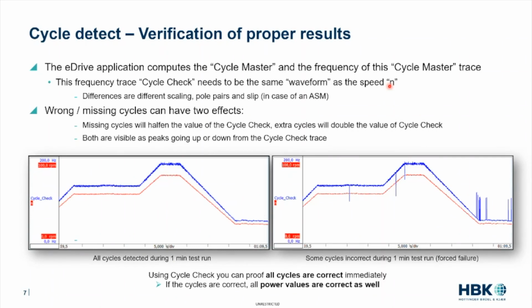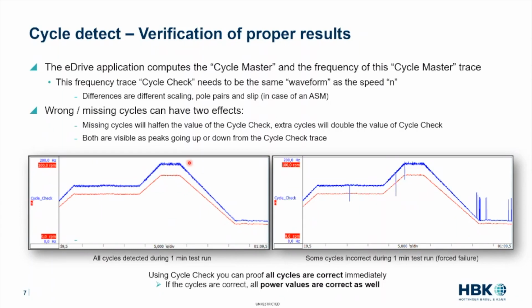But the wave shape needs to be the same. And that's what you see here. We have a drive up, a steady state, and a drive down. And this cycle check signal, the frequency of the cycle master, has the same wave shape as the speed signal.